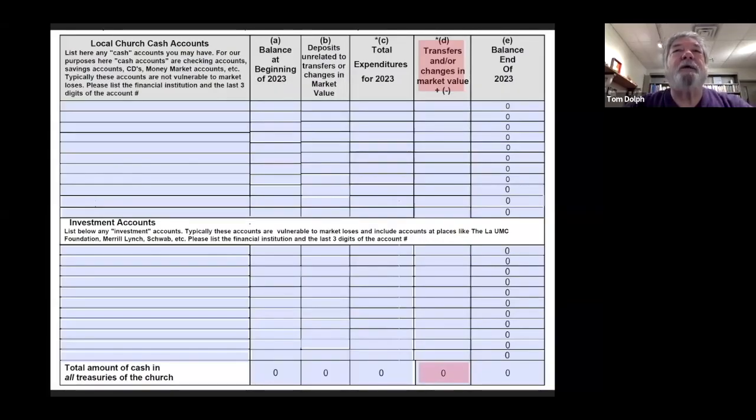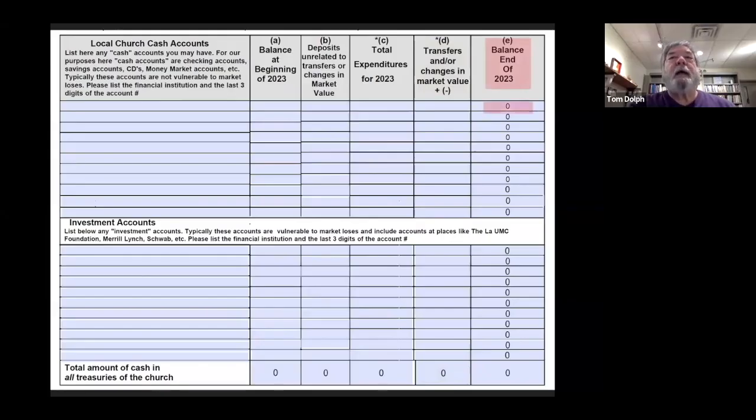Now, you could spend directly from one of the accounts, but that should actually end up in column C. Column D is actually for transfers between accounts. Then that takes us to the balance at the end of the year.